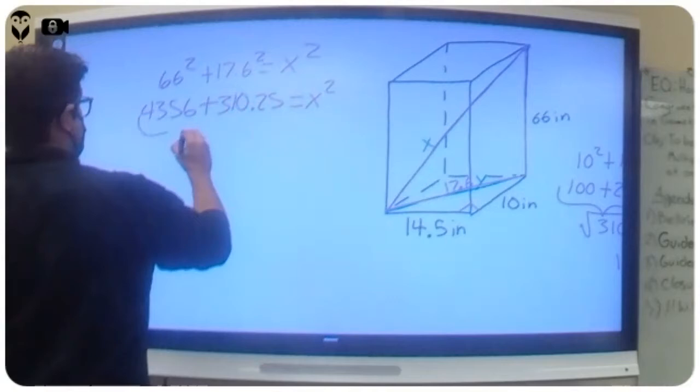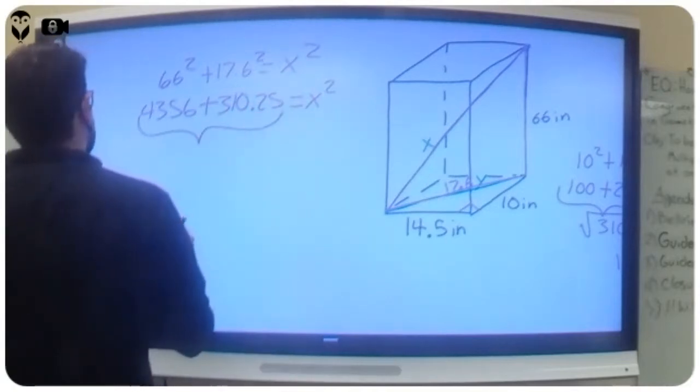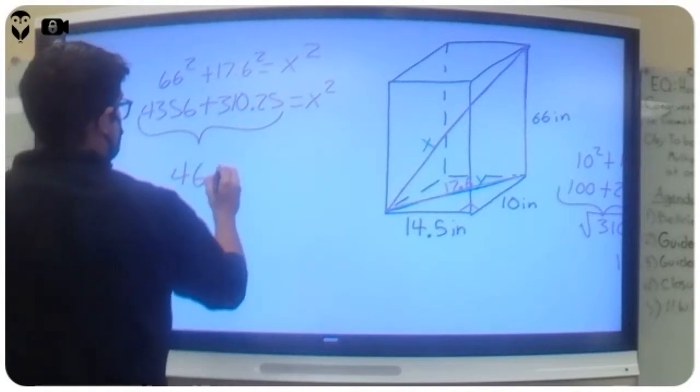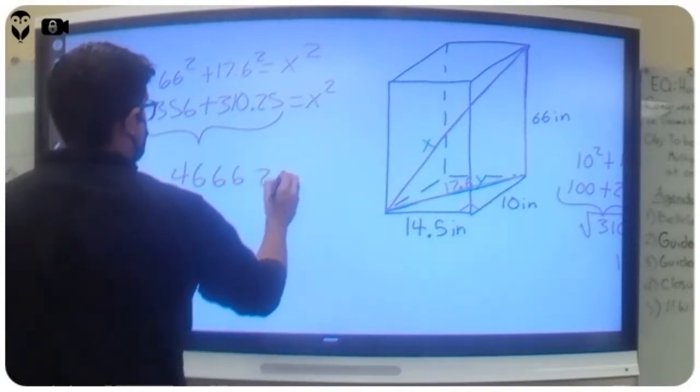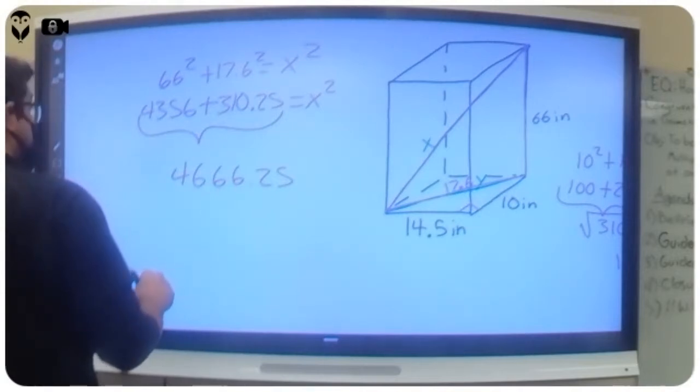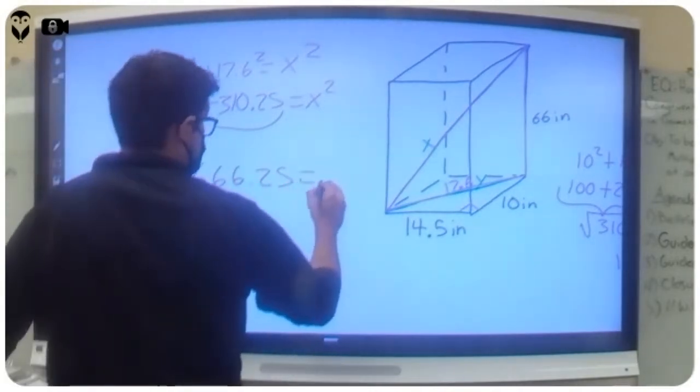I'm going to combine these and I get 4,666.25. And that equals x squared.